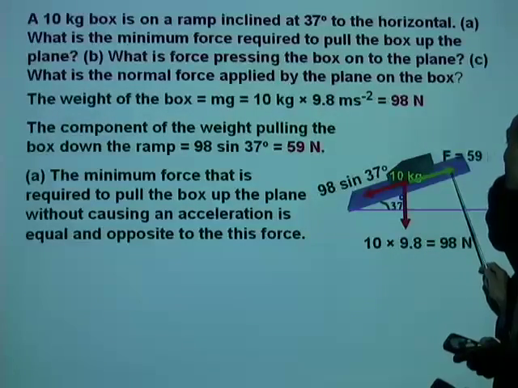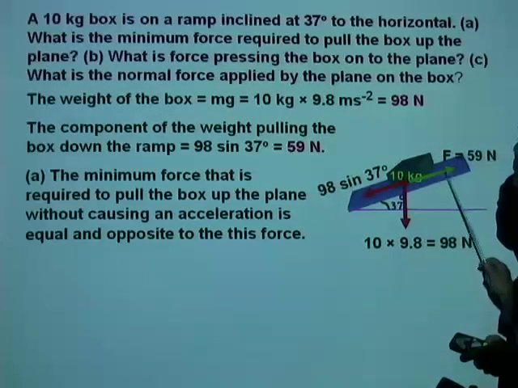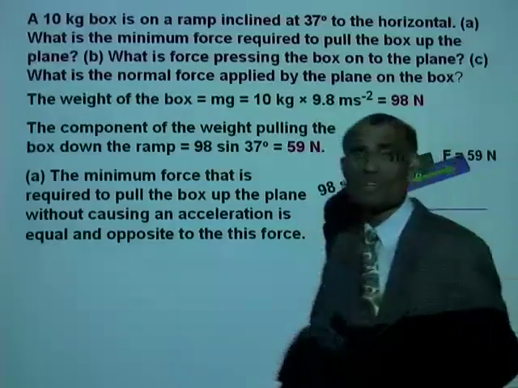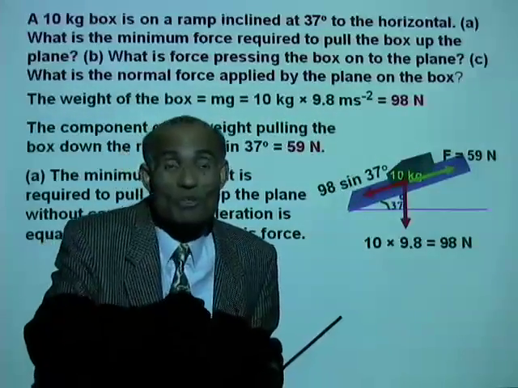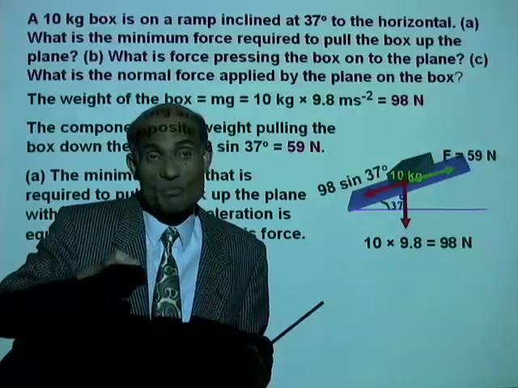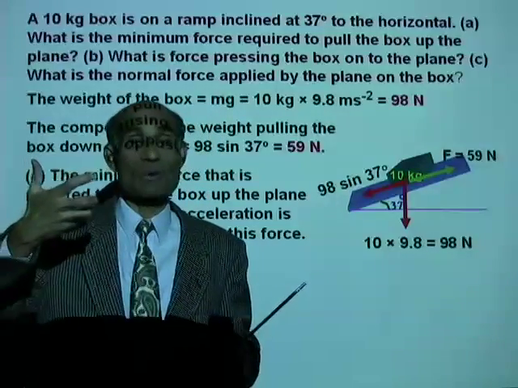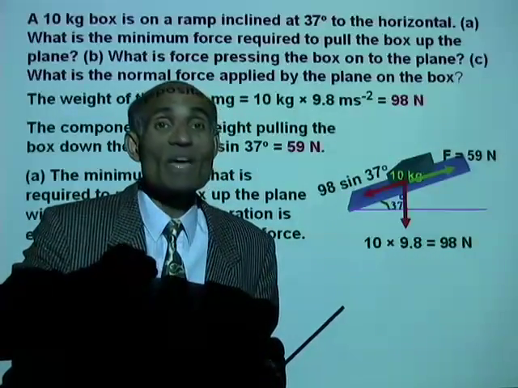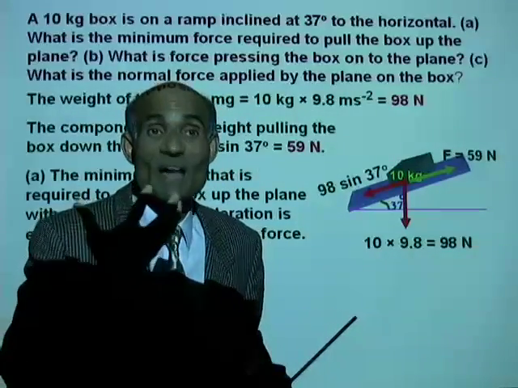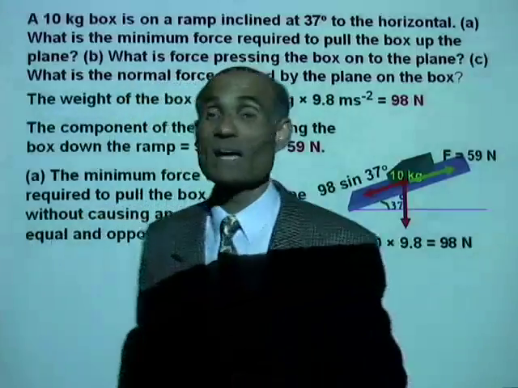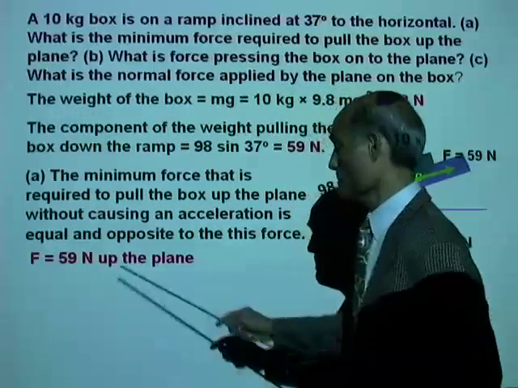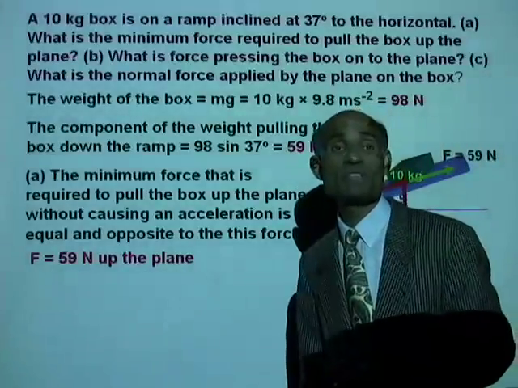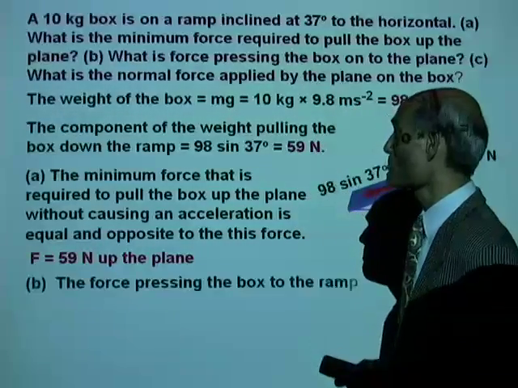So the amount of force you require to pull the box up the plane is 59 Newton. That is the minimum force you require to pull it up without any acceleration. If the upward force is greater, there will be a net force. That net force will produce an acceleration. So the answer to part A is you need 59 Newton up the plane.